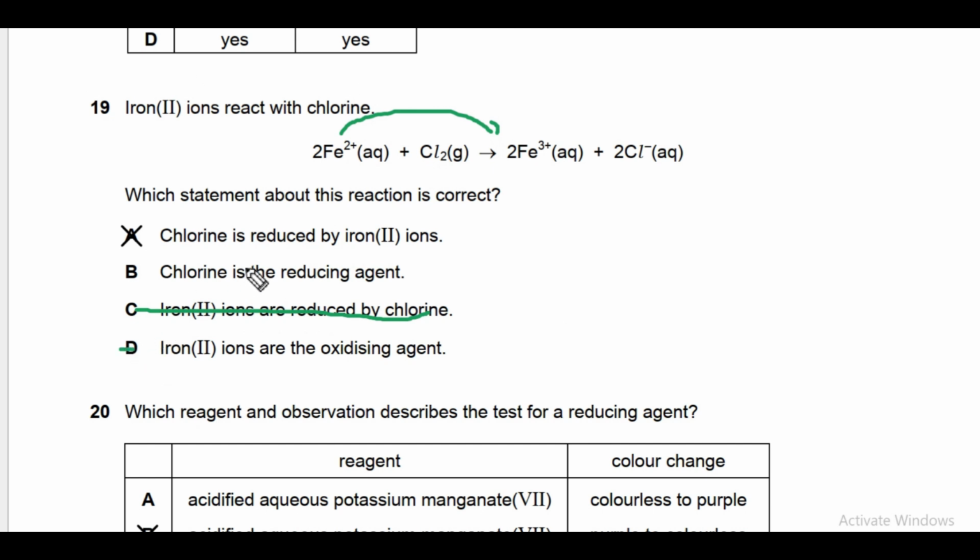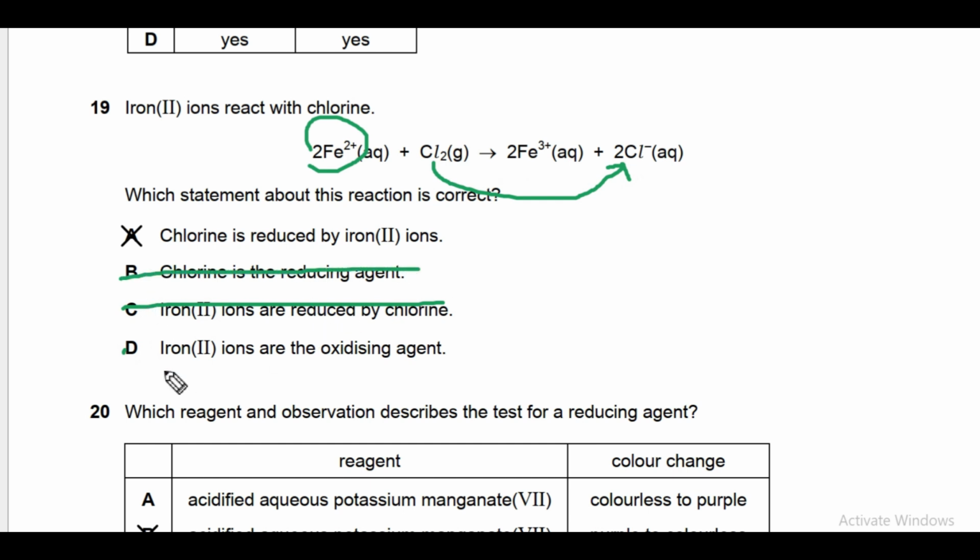D is iron(II) ions are oxidizing agent. No, iron(II) ions are reducing agent, because iron(II) ion reduces chlorine to chloride ion. So iron(II) ion is not an oxidizing agent, it is a reducing agent. B, C, D are wrong answers. A is the correct answer.